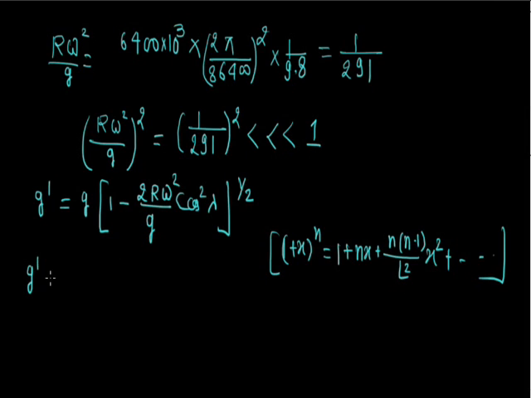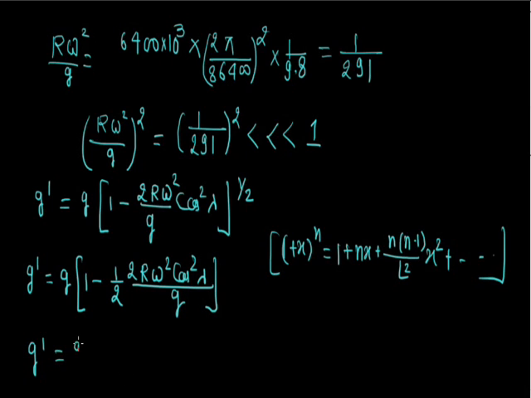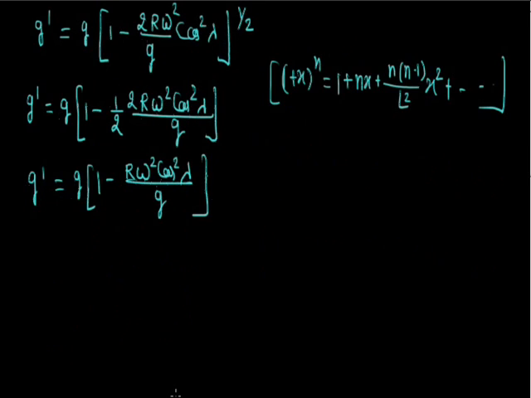So by binomial expansion we can write this equation as g dash equals g times (1 minus 1 by 2 times 2 R omega square cos square lambda upon g), so g times (1 minus R omega square cos square lambda by g). So the net acceleration due to gravity considering the rotation of Earth will be g minus R omega square cos square lambda.